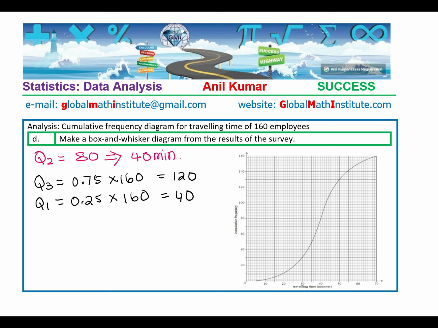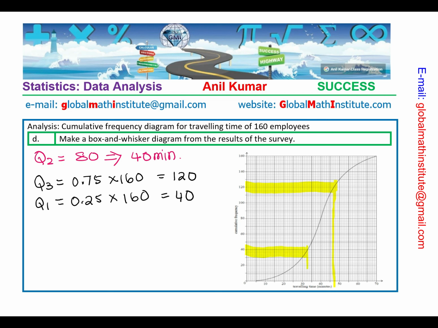So on the graph, we'll read the values. How much time the 120th person takes and how much time the 40th person takes, out of 160. Let's highlight first so that you have an idea, and then we'll calculate the value. 120 and 40 is here.